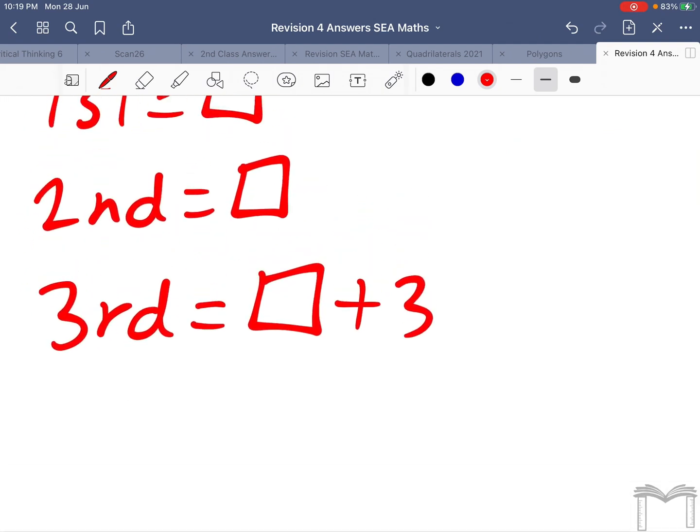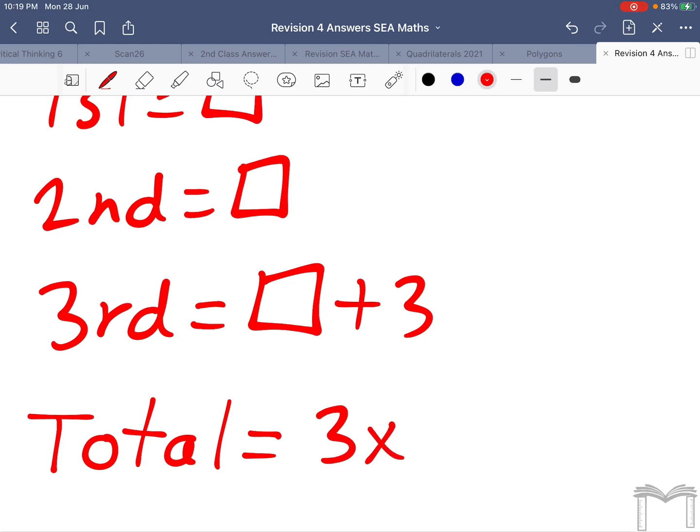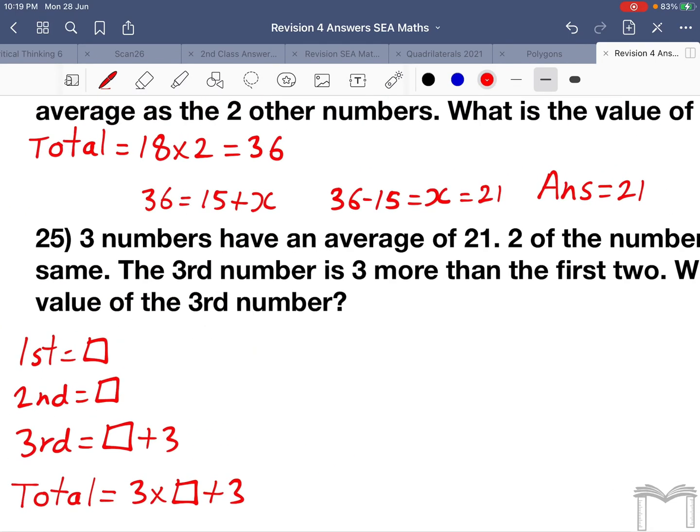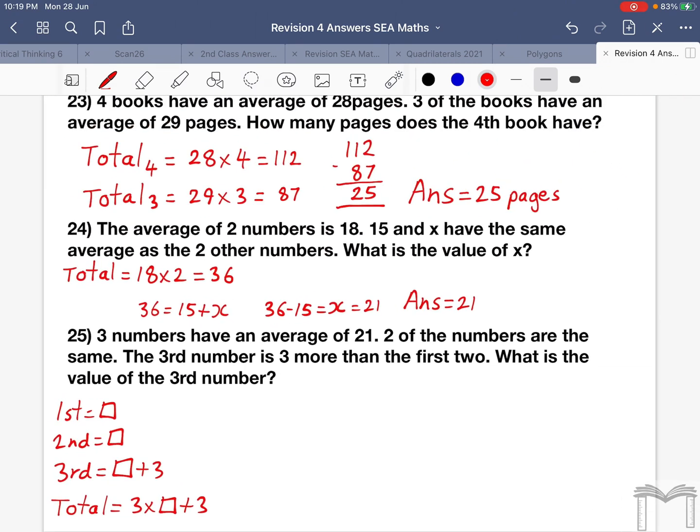So we can total that. 3 boxes, or we could write it as 3 times box plus 3. And they didn't give us the total, so let's work out the total. 3 numbers have an average of 21.